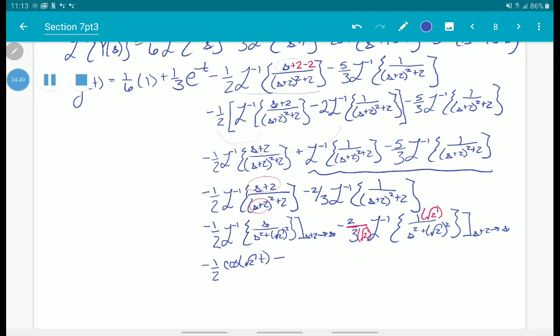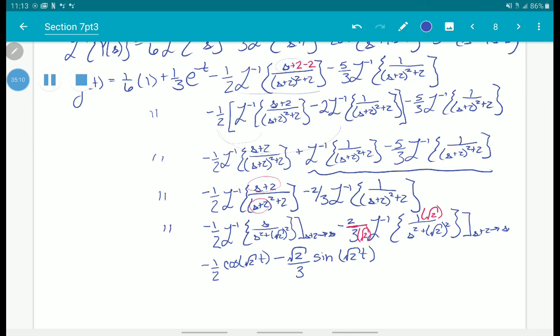This 2 divided by square root of 2 is a square root of 2. So now we have that reduced to square root of 2 over 3. And this is sine of our kt. So these other pieces, they were still there. We didn't worry about those.